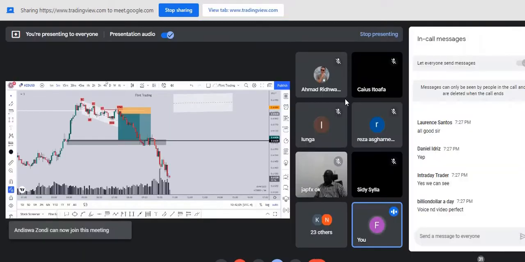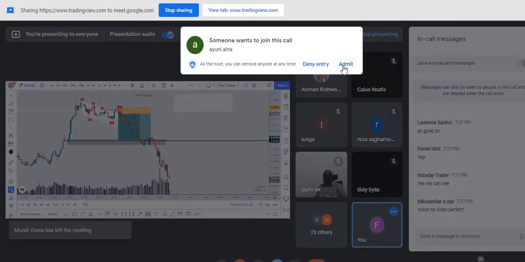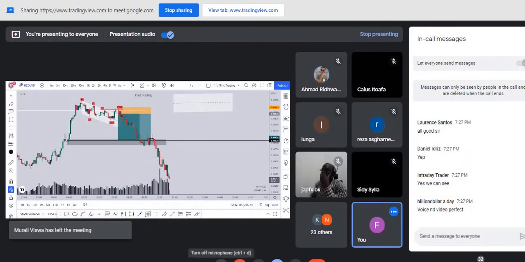If you have any question regarding this setup, you can unmute yourself and ask, or you can type it in the text box. Any question, you can unmute yourself and ask, or you can just write it down in the text box if you are shy.